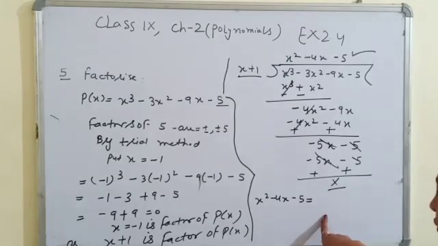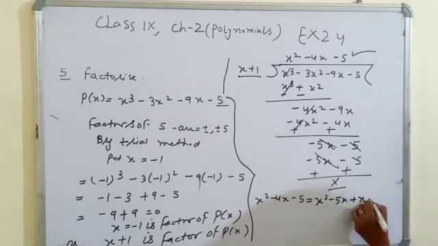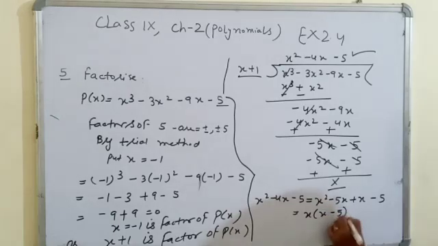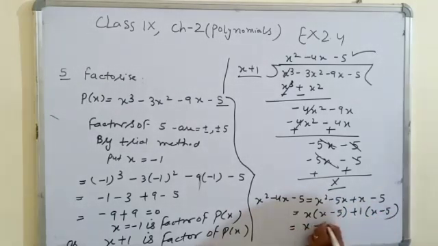5 ones are 5, so minus 5 and plus 1, these are the factors. Take x common. Here we can take 1 common. X minus 5, x plus 1.